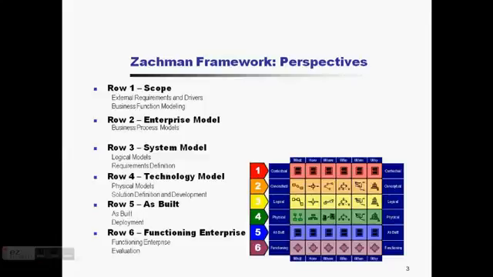In row 6, we are talking about the representations, the physical manifestation of the end product itself throughout the enterprise. It is the functioning enterprise, and it's about the evaluation of the end product.